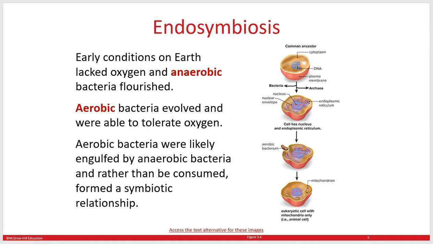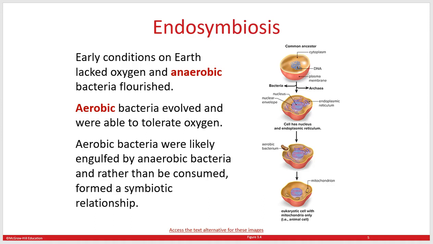Now, there's this endosymbiotic hypothesis for how we acquired mitochondria as a eukaryotic organism. The endosymbiosis theory postulates that a large eukaryotic organism at some time in the distant past, when there were only single-celled organisms on the planet, consumed some aerobic bacteria that the large cell didn't digest right away.